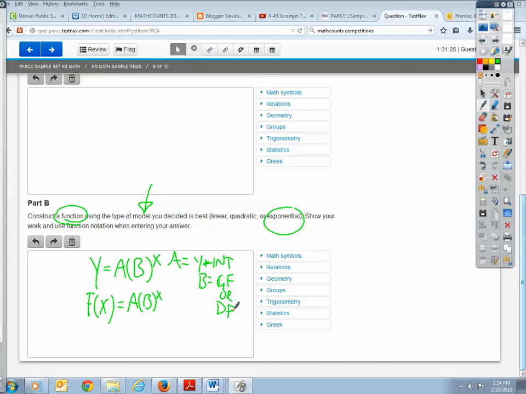So I know that I started at 200 degrees Celsius, so I know already that my y-intercept is 200, so I have f of x is equal to 200 times my b value.